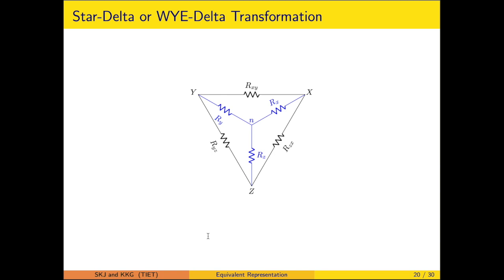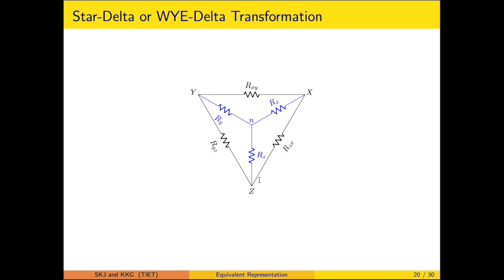This is another method when a complicated circuit is represented likewise, so we have to go for the transformation. Here these images are superimposed. What is shown in black lines forms the delta, and what is in blue forms the star.